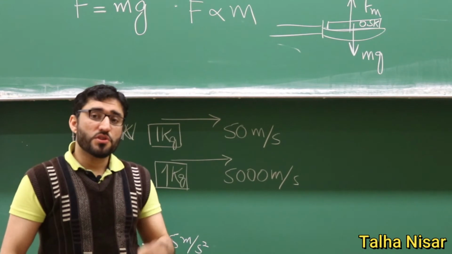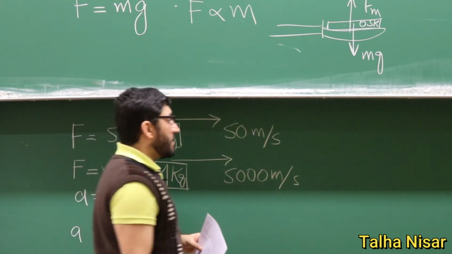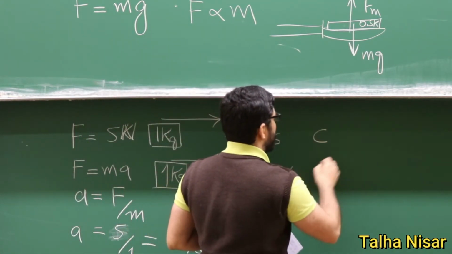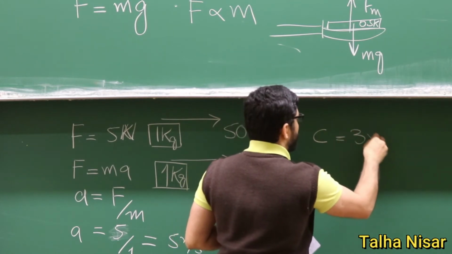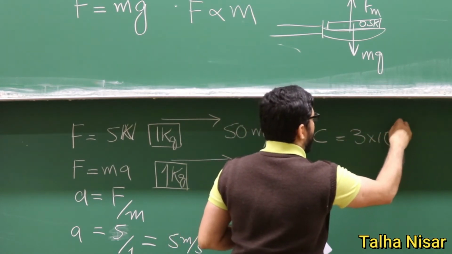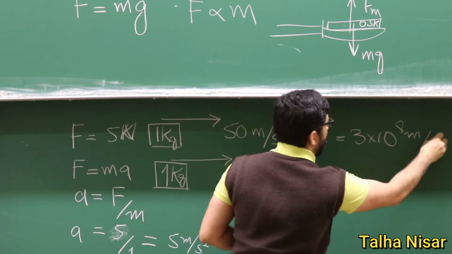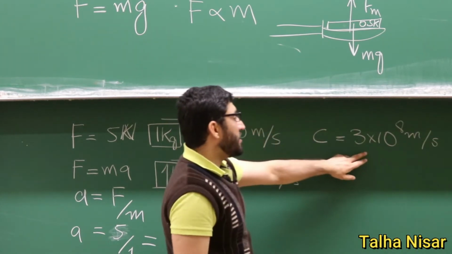But if we approach the speed of light, which is represented by c, and is 3 times 10 raised to the power 8 meters per second, it is an extremely high speed.